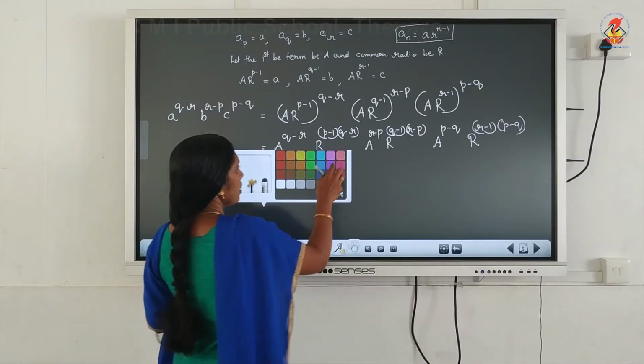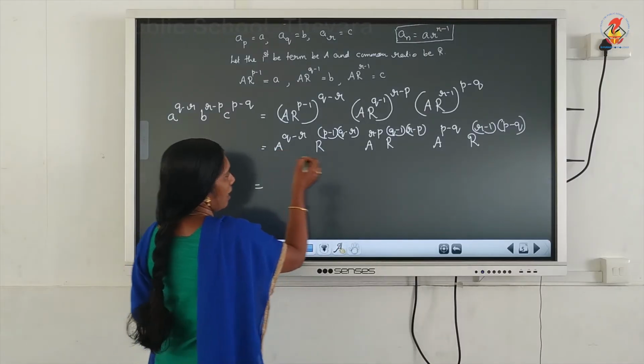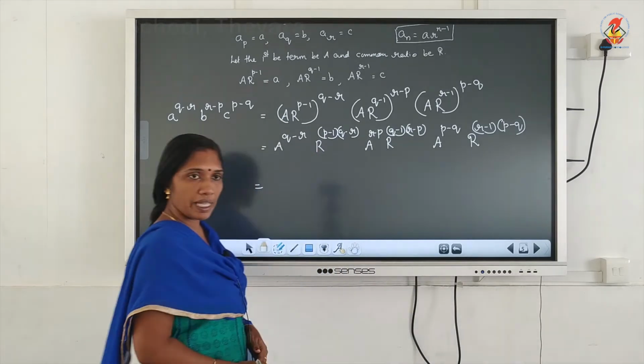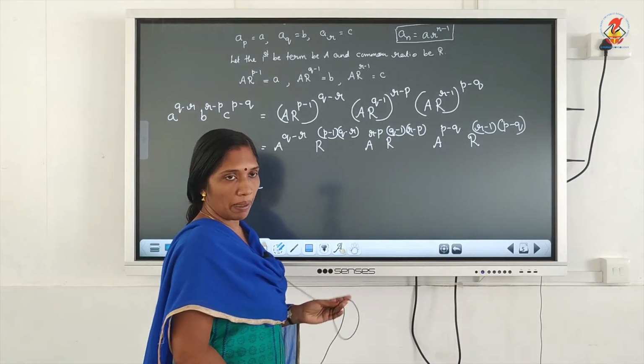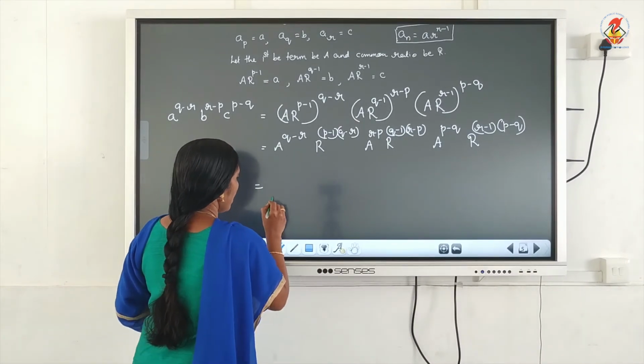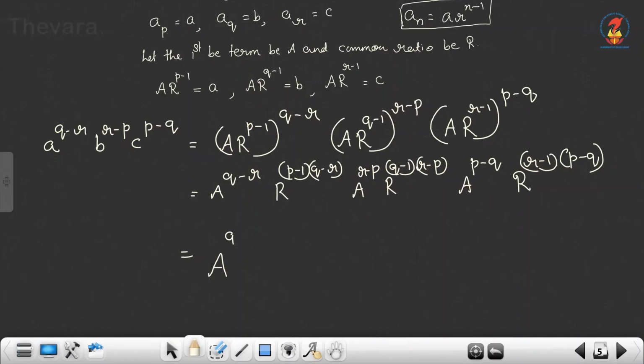So we have 3 A's with the same base, which means we can add the powers. So A raised to, adding the powers, q minus r plus r minus p plus p minus q. So p and p cancel, r and r cancel, q and q cancel. So we get A raised to 0.